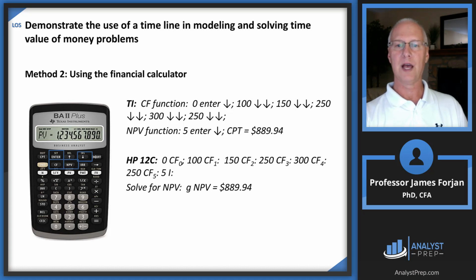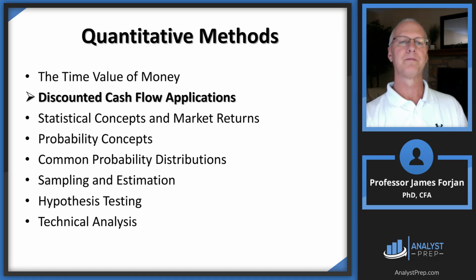Then, once those cash flows are entered, hit the NPV function, and then you enter the interest rate as 5%, and then you have to hit compute. Remember, you Texas Instruments people always have to hit compute something. And the HP is pretty simple too.